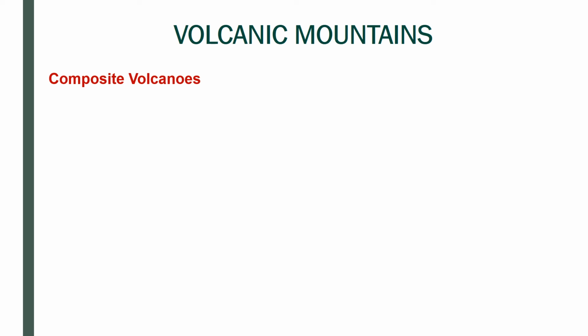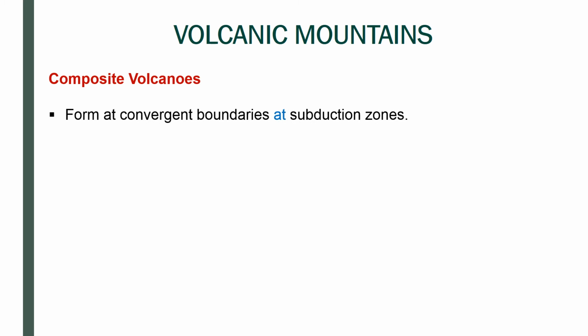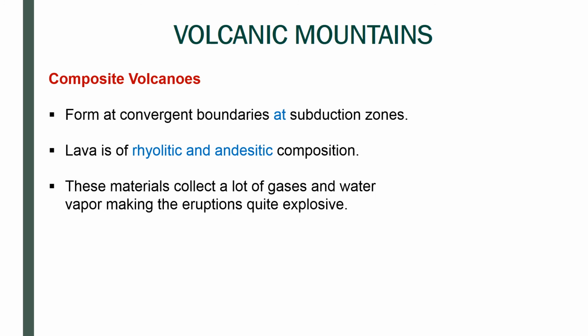The third type is composite volcanoes, and from their name they have more than one type. They form at convergent boundaries, not divergent. At subduction zones, you know, where the oceanic crust sinks underneath the continental crust, and lava here is rhyolitic and andesitic in composition, and this material collects a lot of gas and water vapor, which makes the eruptions quite explosive.